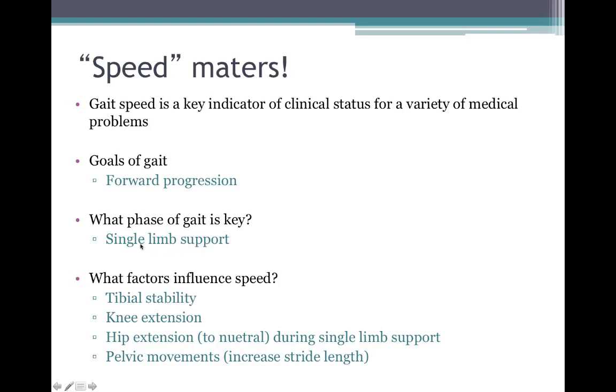It's in single limb support that you have the primary transitioning of the pelvis forward, and the double limb support phases smooth out the transition of the pelvis and the trunk as it moves forward, for a smooth ride as we progress through gait. And so tibial stability, knee extension, hip extension, and pelvic movements all contribute to gait speed.